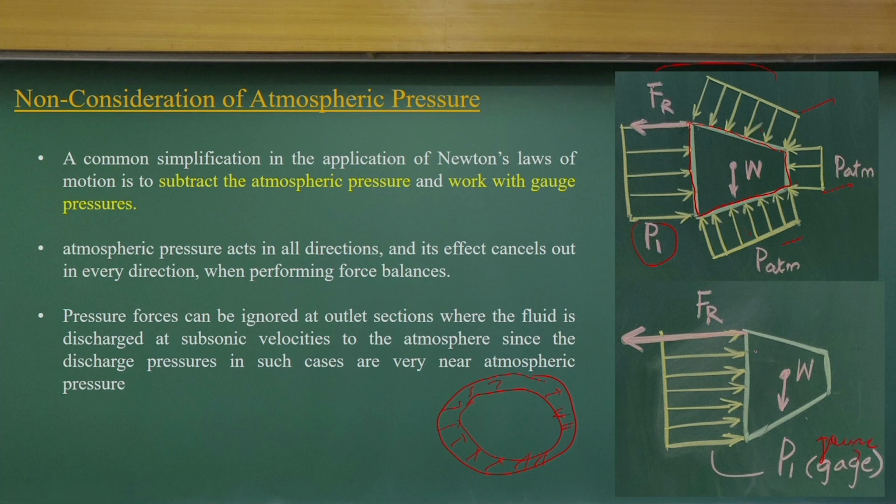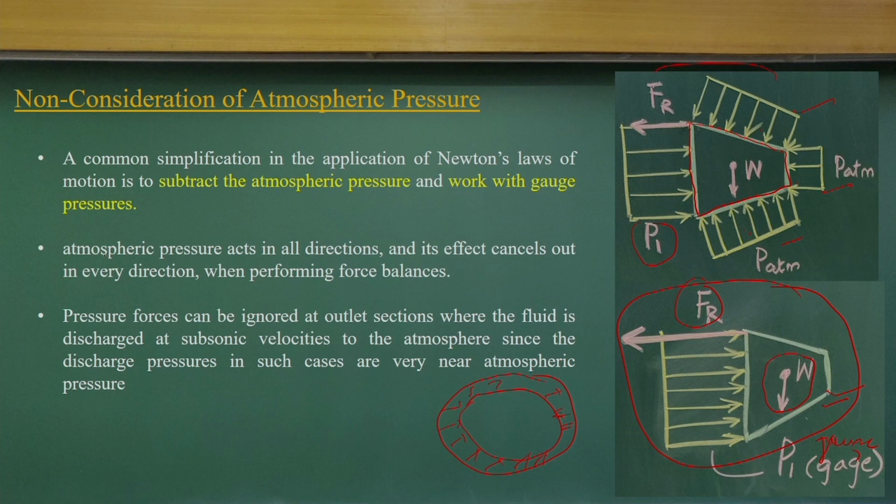Then we have two force components working, one is the body force component, and the other is the reaction component. So, finally, we use a simplified control volume, nullifying the atmospheric pressure distributions over the control surface. We consider this control volume and the pressure diagrams to solve the problems.